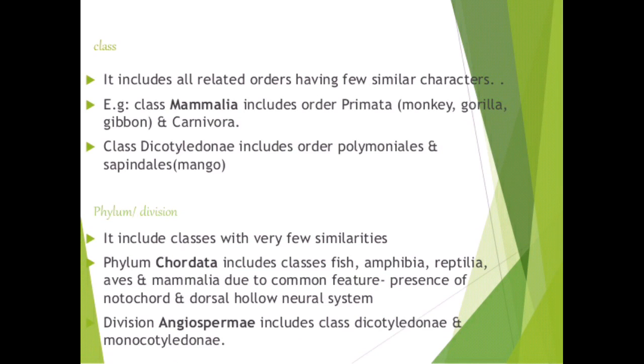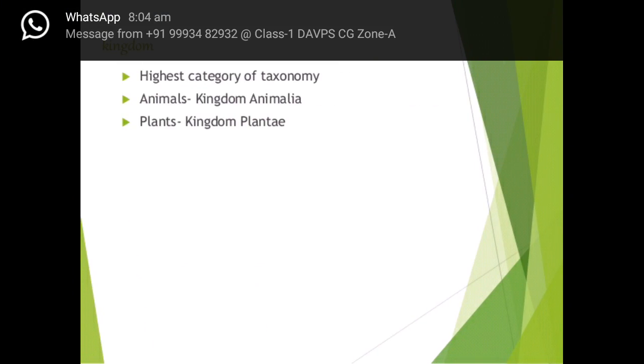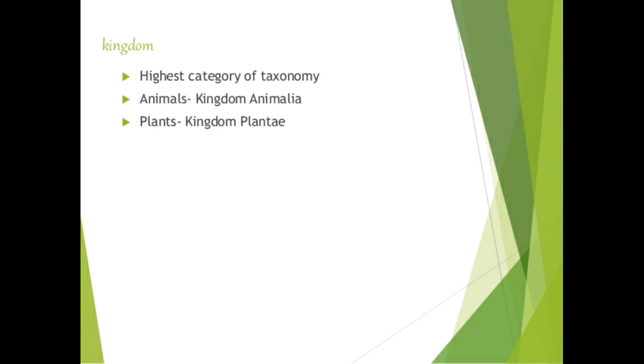Division Angiospermae includes classes Dicotyledonae and Monocotyledonae, meaning dicot and monocot. Now the kingdom, the highest category of taxonomy: for animals, the animal kingdom, kingdom Animalia, and for plants, kingdom Plantae.